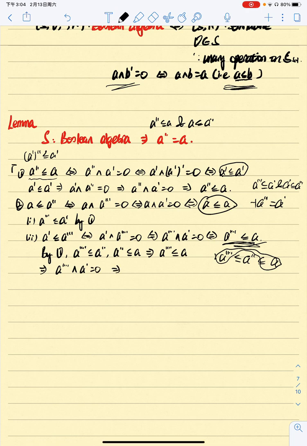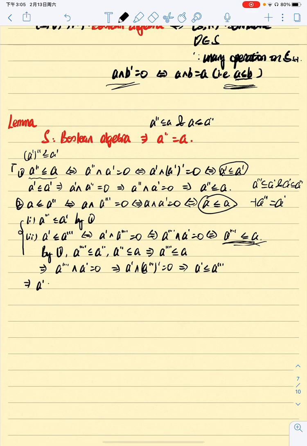Then changing the order, A prime and A quadruple prime, that is A triple prime prime, is 0. Then we get A prime smaller than A triple prime. Okay. Then by these two, we get A prime equal to A triple prime.